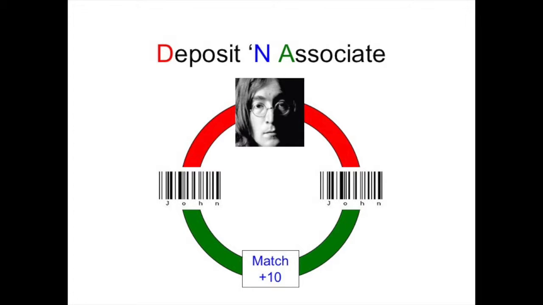There's a match number that's big, say plus 10, across these two barcodes from two different items, and that implies a common individual who has deposited their DNA as determined by this association.